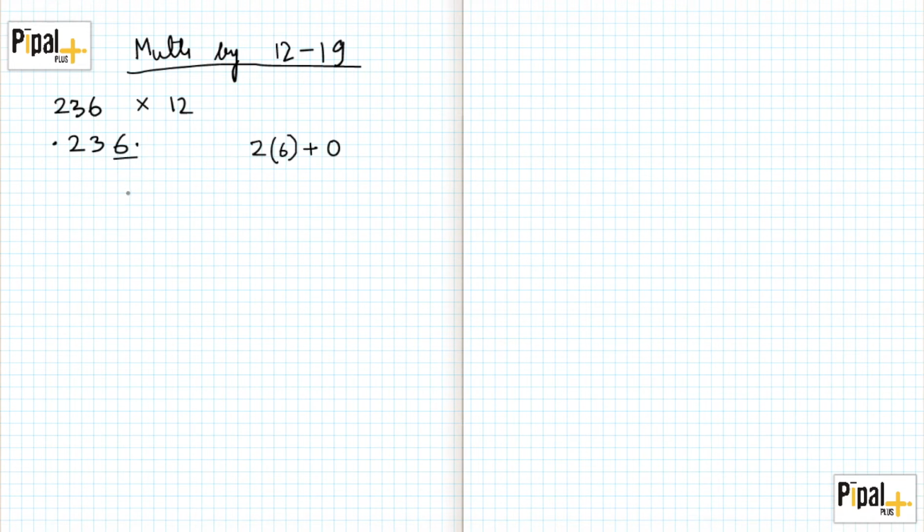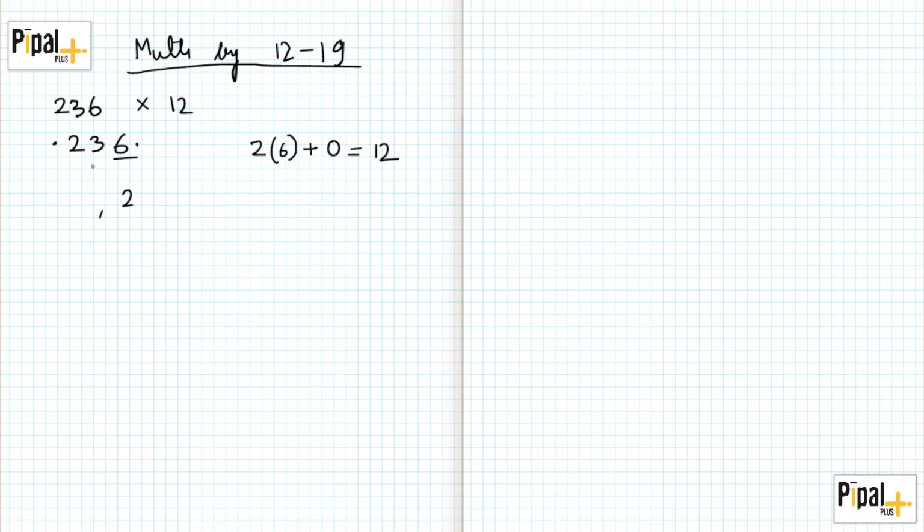So my units digit is going to come from 2 times 6 plus 0, so I get 12. So in my answer, I'm going to write it. My units digit is 2, but since 1 is going to get carried over, I'm going to write 1 here. Now I'll pick the next pair.